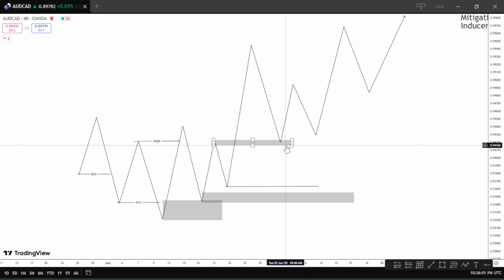Here is the break of structure of this particular move. Here is the break of structure, and this will be my mitigation block. Yeah, this is the extreme order block, which obviously was not mitigated. This was left open.